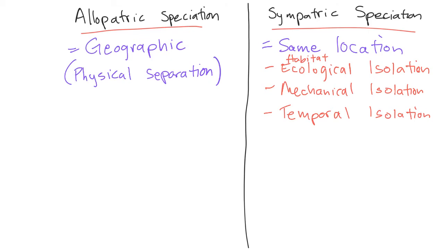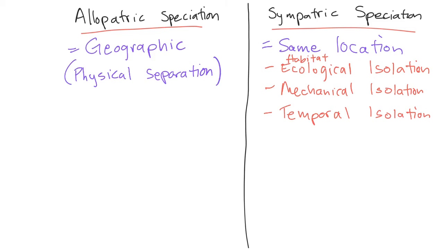So, going back to mechanical, I thought mechanical isolation was that they physically can't get together and mate. Yes. So like a Great Dane and a Chihuahua, they can't do that by themselves. True. Yeah, that would be a good example, except it's artificial, so we kind of set it up to fail.